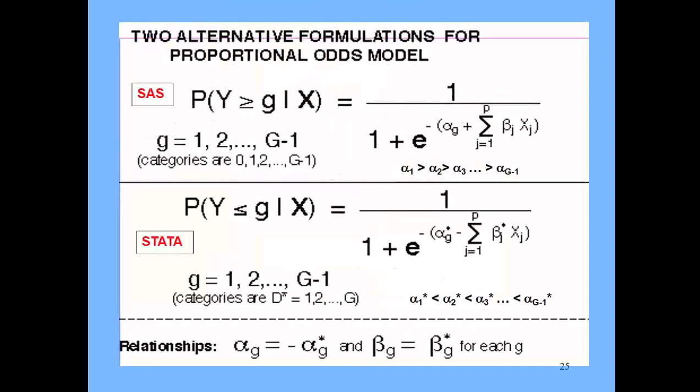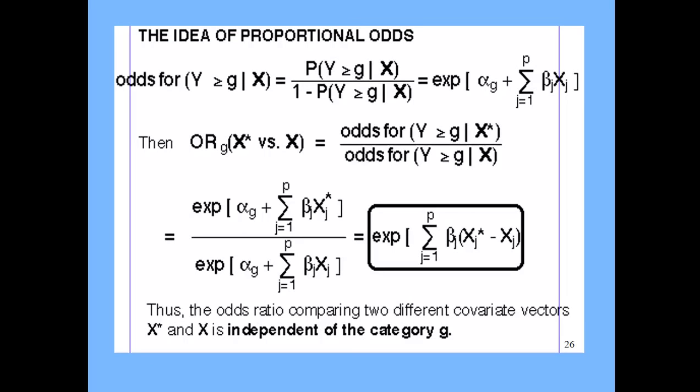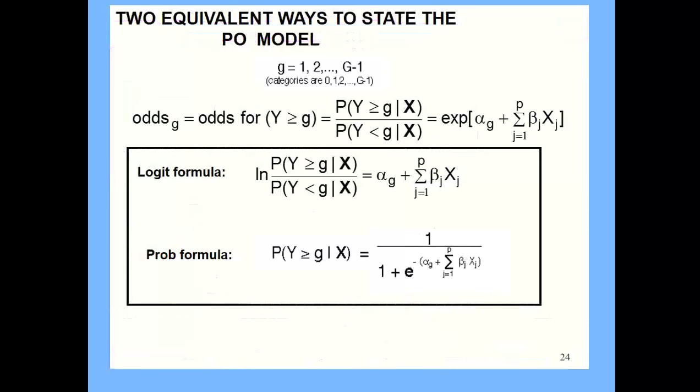But now let me show you, well, turns out that for SAS and Stata, they write the model differently. And we're not talking about Stata here, so I'm just talking on the SAS, so let's skip that. But now I want to talk about proportional odds. Okay, what's the proportional odds? Now, first of all, I just showed you on the two previous slides that the odds for subscript G is given.